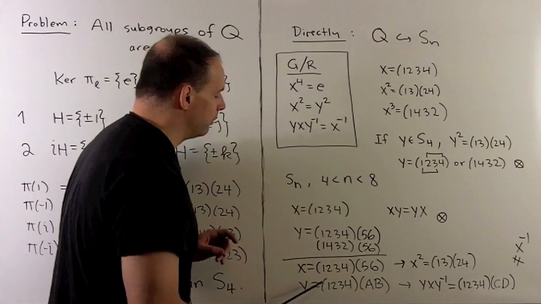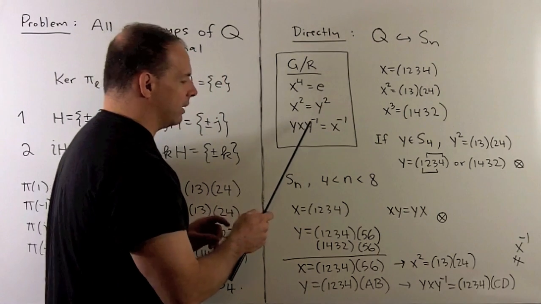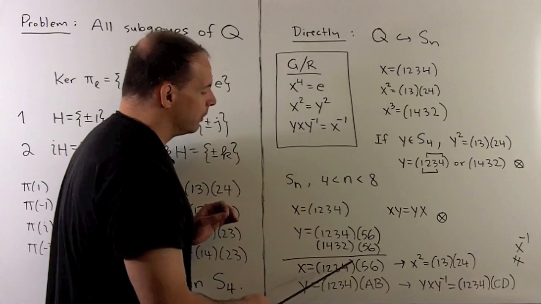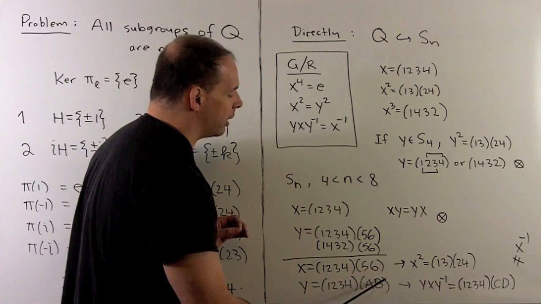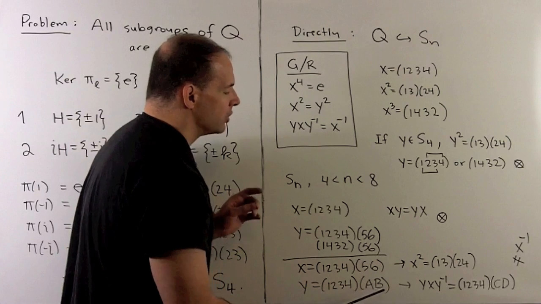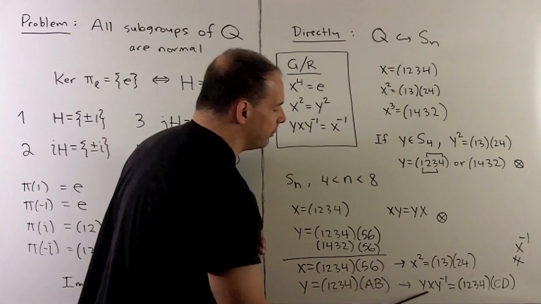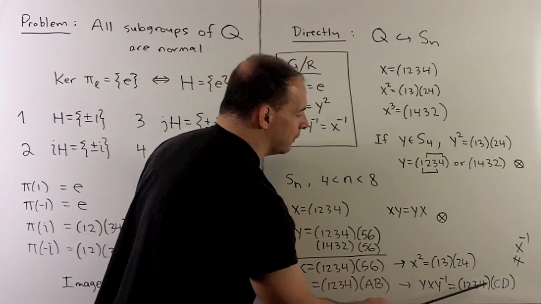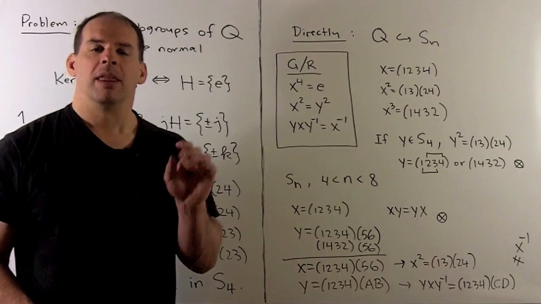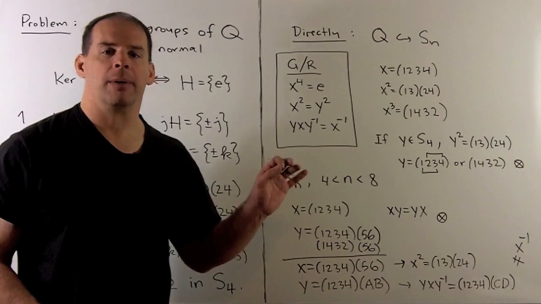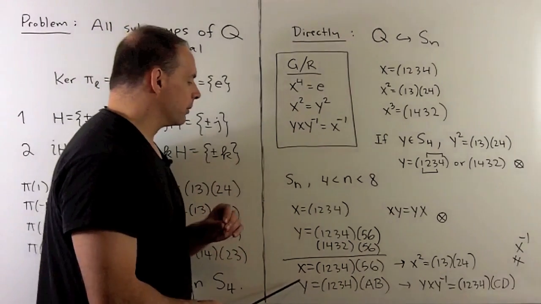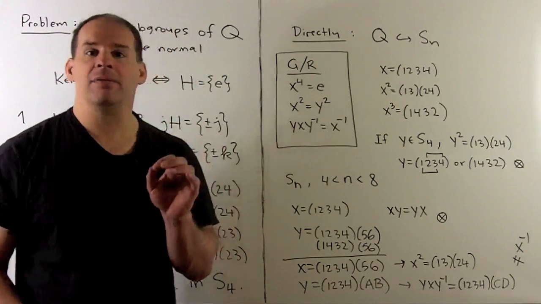If we compute y x y inverse, well, we know the (1 2 3 4) is going to commute past whatever we put here because it'll be disjoint. So when we conjugate, we're going to get the 4 cycle (1 2 3 4). That's bad because if I want the inverse, I'm going to need the inverse of that cycle there. So this can't happen either. So we have to have S sub 8.